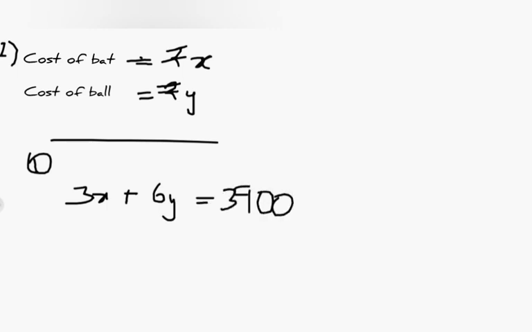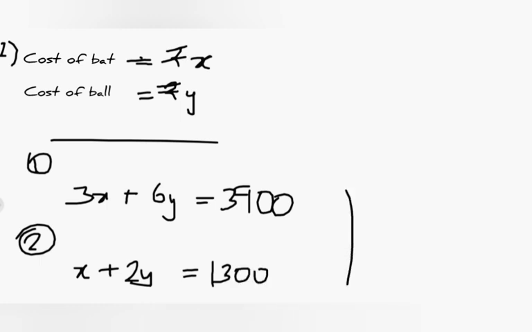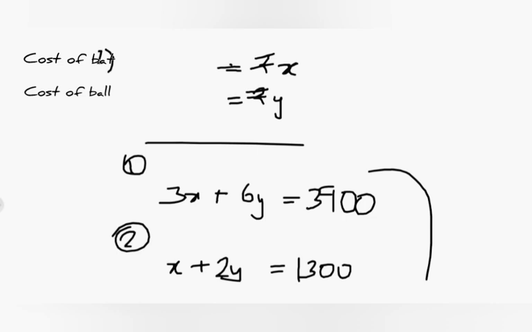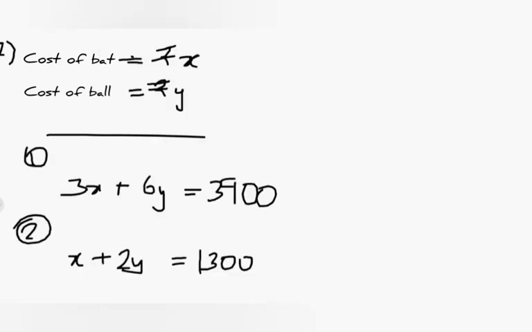The second case is 1 bat and 2 balls for rupees 1,300. Now this was the whole thing we got. Now we will just assume the coordinates, and you just have to put it graphically. You don't need any help for that.